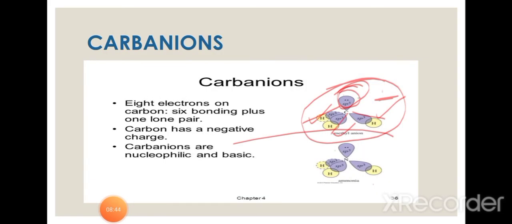If we have to classify carbanions, they can be classified as primary carbanion, secondary carbanion, and tertiary carbanion according to the negative charge present on primary, secondary, and tertiary carbon atom respectively.